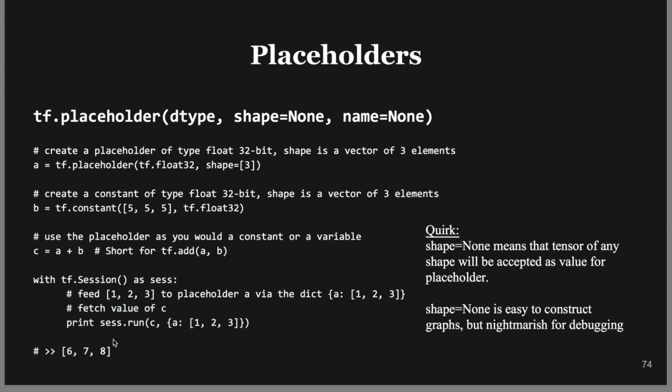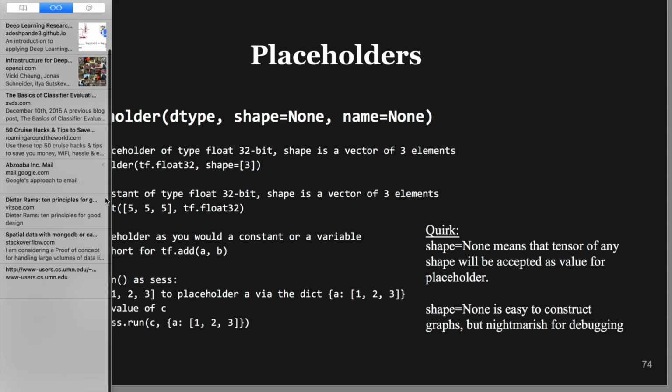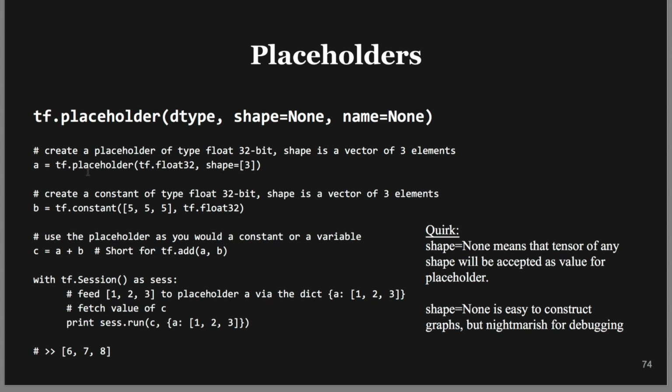Now, here we defined A with a shape of 3. You could have said shape is equal to None also, in which case A could have been of any shape. Shape equal to None means this placeholder can take any shape.